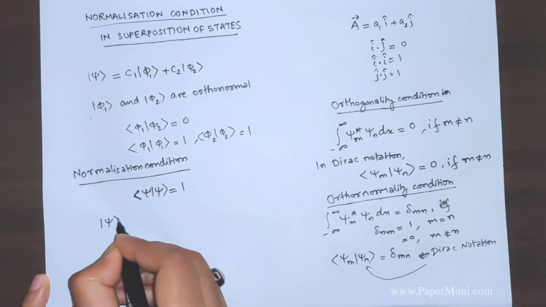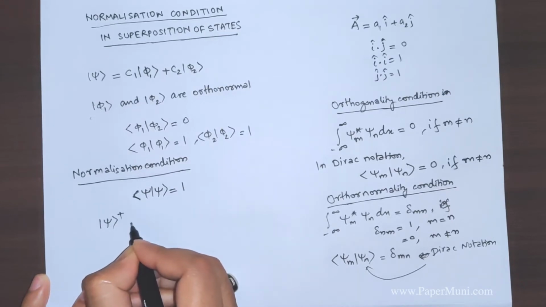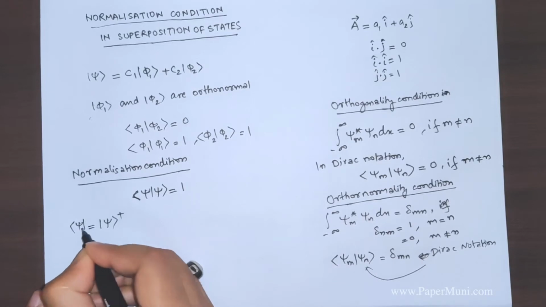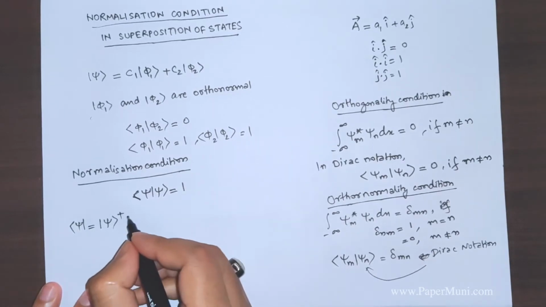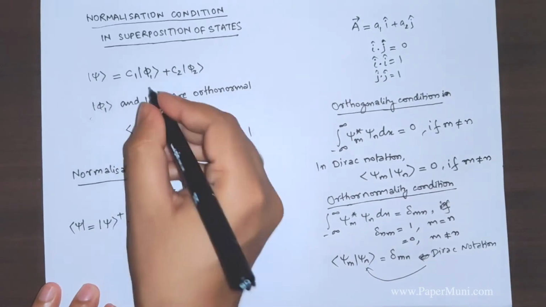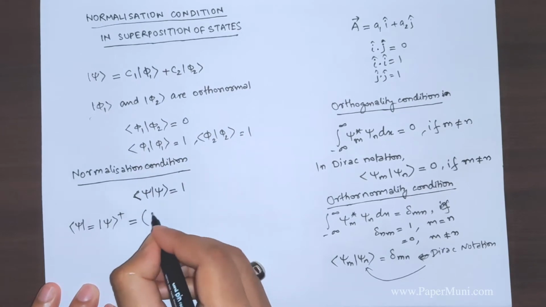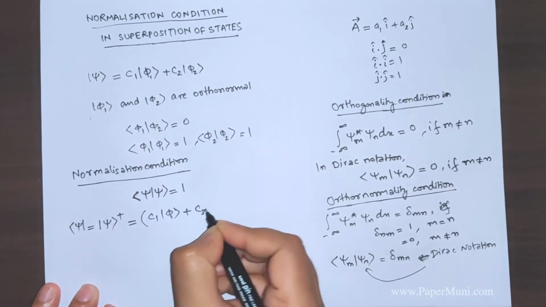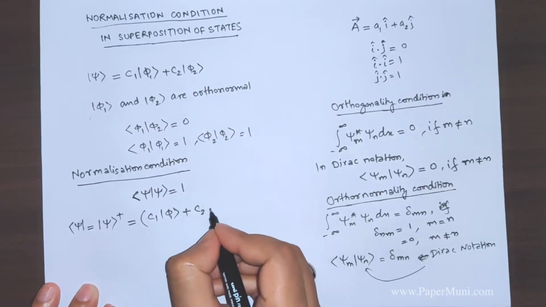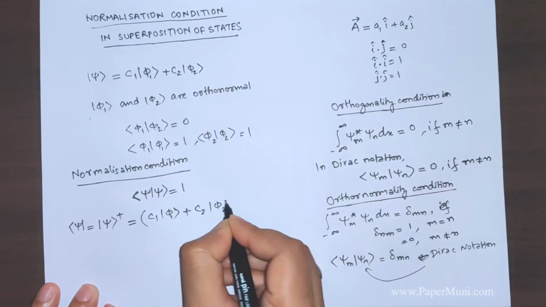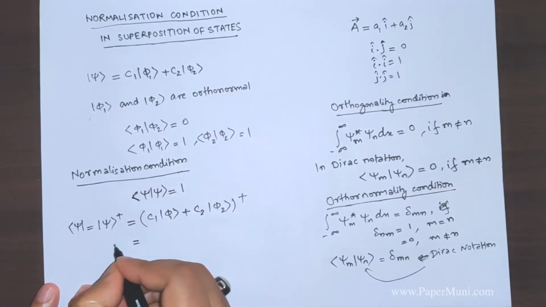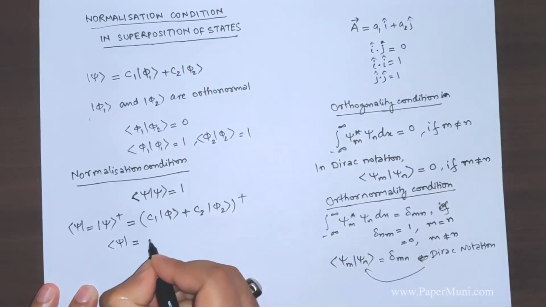If you take a dagger of this ket, you'll get the bra vector. So this is C1 phi 1 plus C2 phi 2, dagger. This will give you the bra vector.